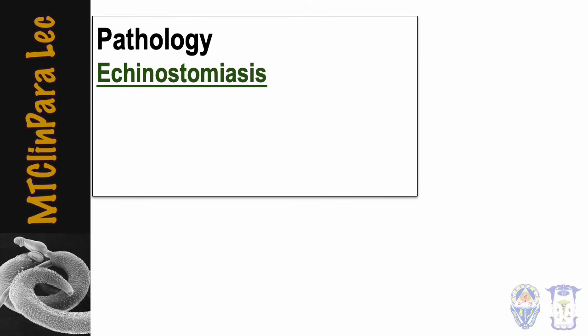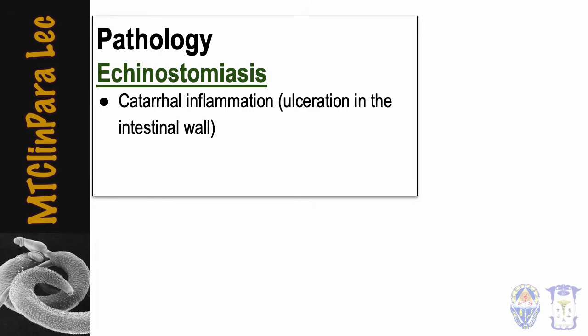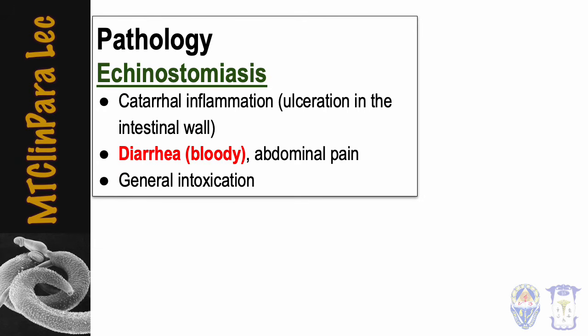In terms of the pathology, this is also known as echinostomiasis, and this is very similar to Fasciolopsis buski disease. This causes catarrhal inflammation, which is, by the way, the ulceration of the intestinal wall. Ulceration and general intoxication may also be present for this parasite.